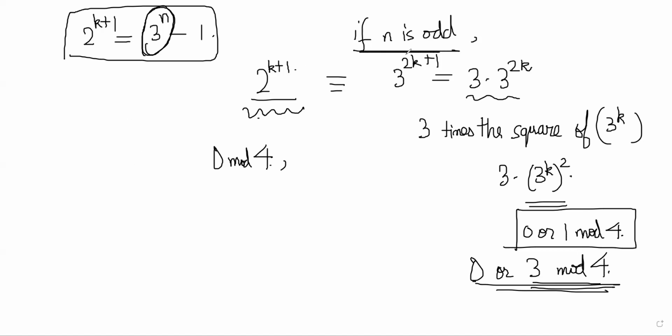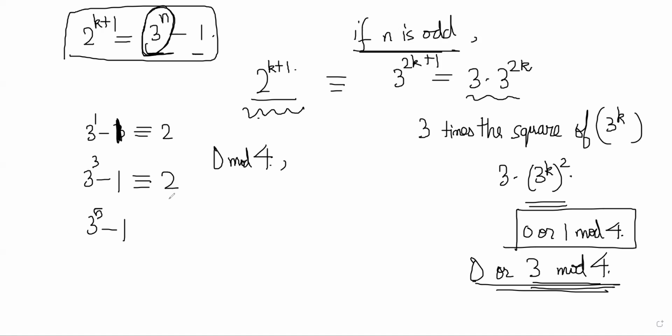So 3 power, if n is odd, okay, let's just take some examples. If n is odd, it can be 3 power 1 minus 1, or 3 power 3 minus 1, or 3 power 5 minus 1, and so on. 3 power 1 minus 1 is coming out to be 2 mod 4. This is coming out to be 9, 27 minus 1, 26.